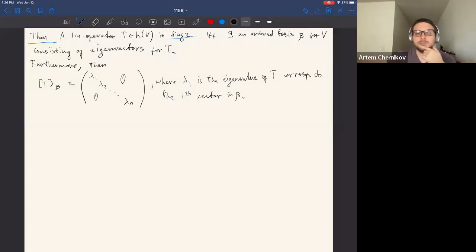So it gives us this very nice presentation. A linear operator is diagonalizable if and only if we can find a basis consisting of eigenvectors for the space. And then we can write out the matrix with respect to beta, where we simply have the eigenvalues on the diagonal. Yeah, that's it. So we have this nice presentation.